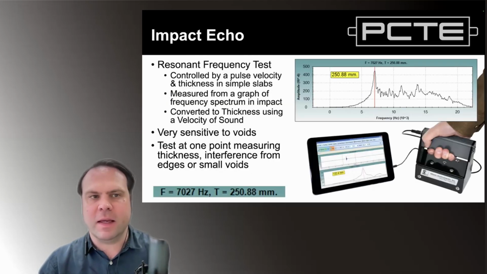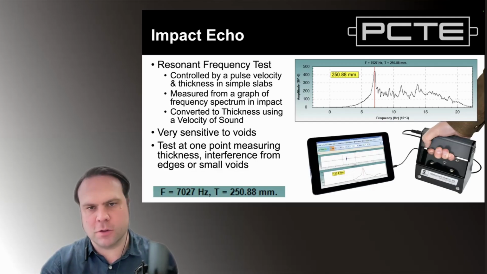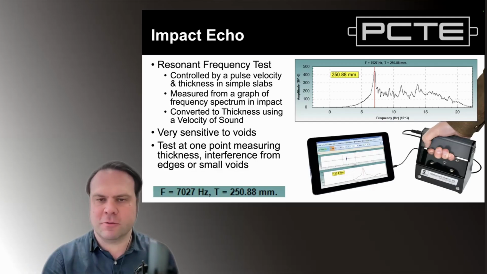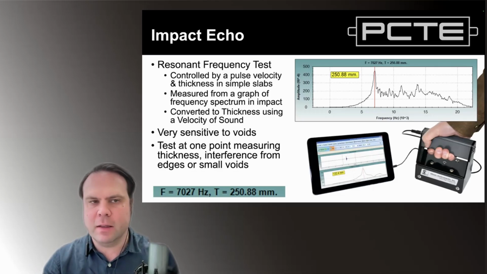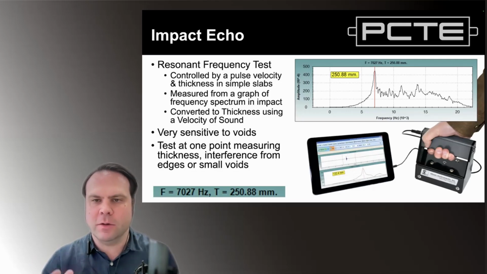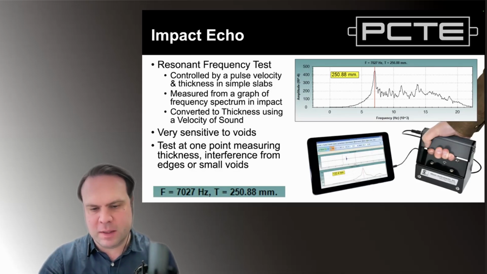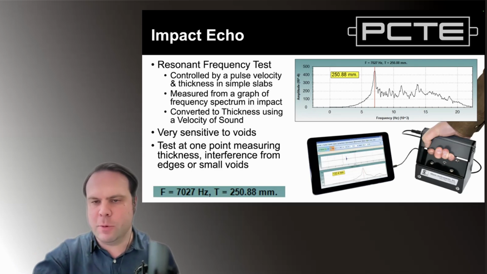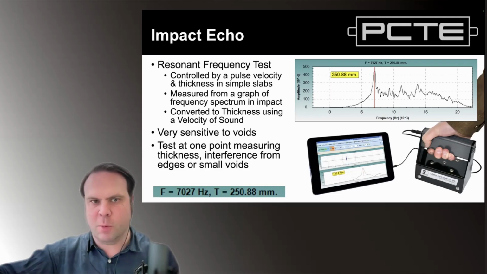Now, the impact echo test itself is a test of resonant frequency with some filters and controls to make sure that the resonant frequency we measure is being controlled by the thickness and how voided or clear our concrete element is. It's typically used on what we'd call a plate structure, like a wall or a floor, something broad enough that if I put my sensor in the middle of it, I'll mainly be testing a very simple geometry.